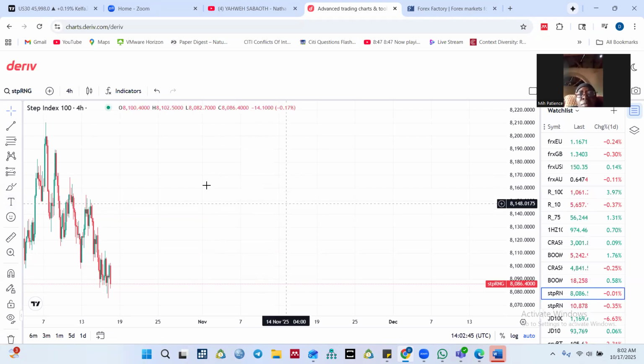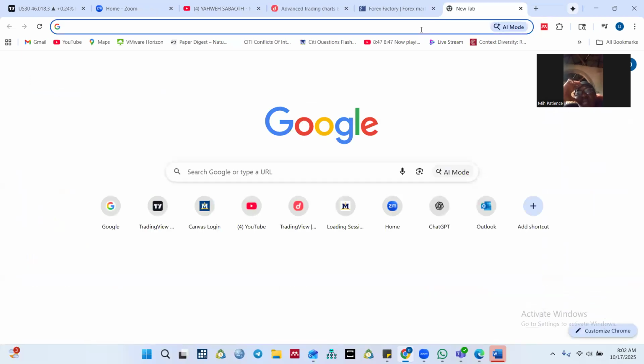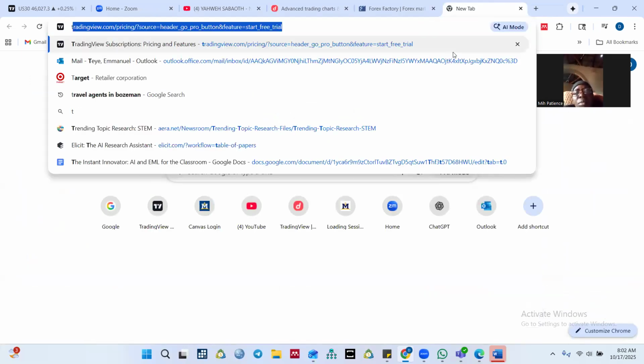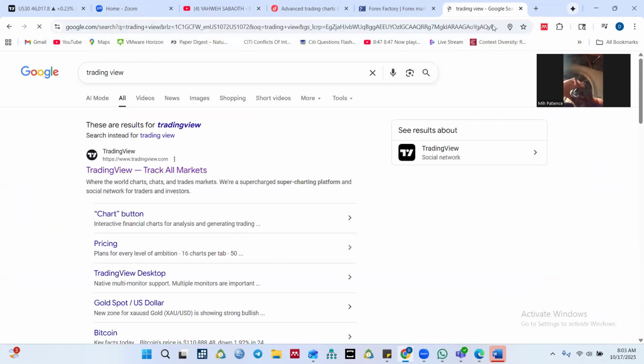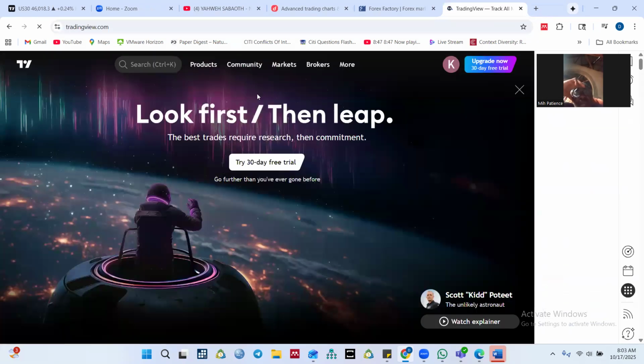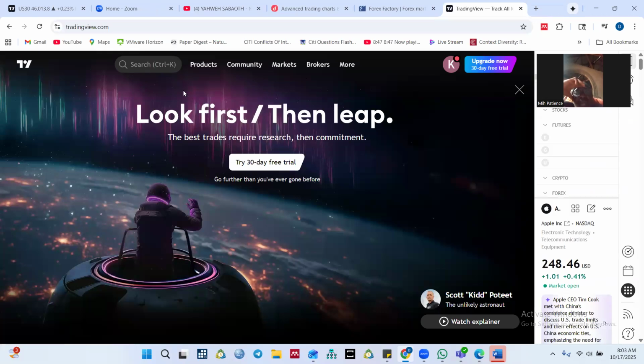You need TradingView to analyze. This is Deriv TradingView. You can also get TradingView itself by just typing TradingView in your Google search bar, and then you click on it. You don't need the paid version right now.